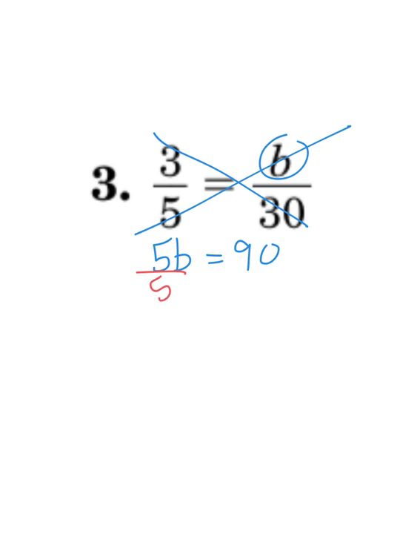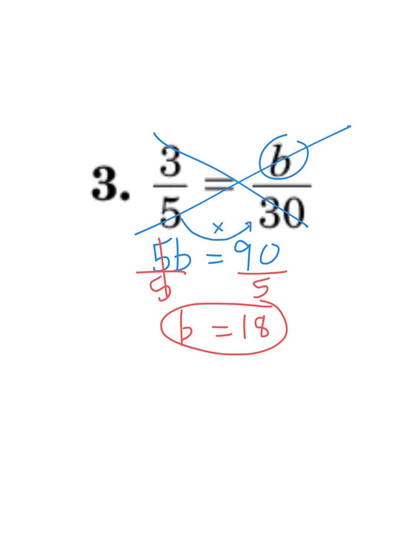Divide by 5 on both sides. 1b equals, and 90 divided by 5 is 18. Or 5 times 6 is 30. 3 times 6 is 18.